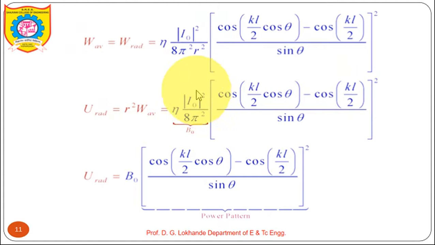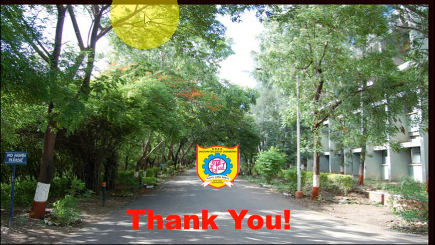The entire term eta I0 squared upon 8 pi squared is treated as a constant and is represented as B0, and this is the radiation intensity. So for different lengths of the dipole, we get the radiation intensity as well, and this is finally how to calculate the radiation intensity. Thank you very much.